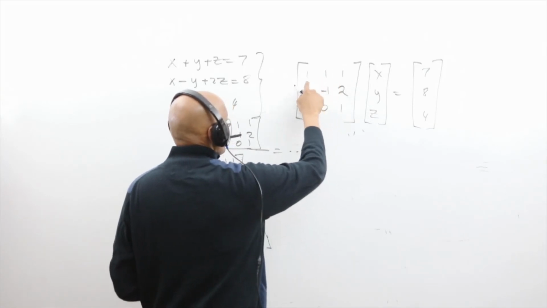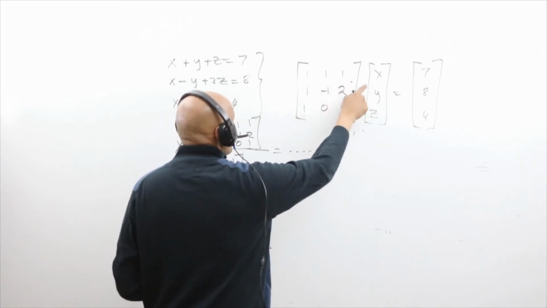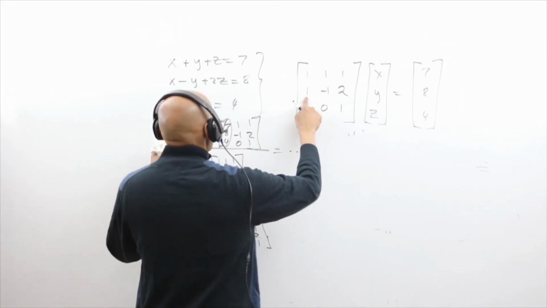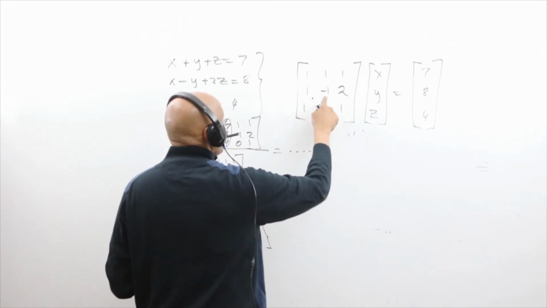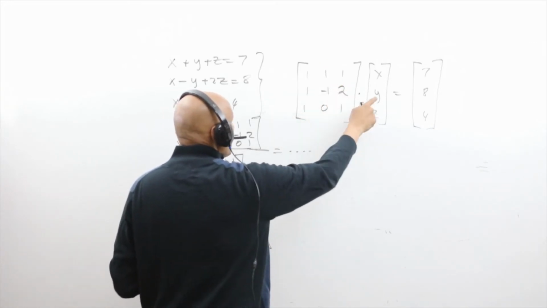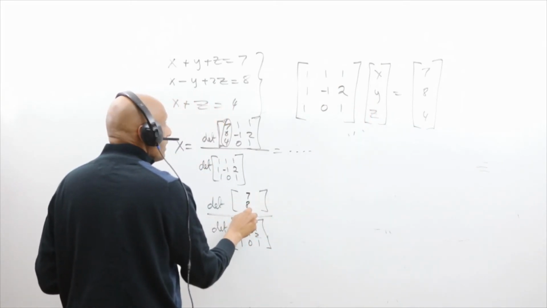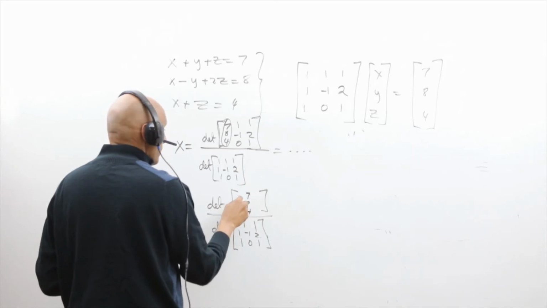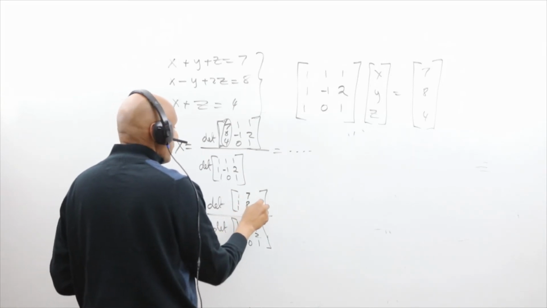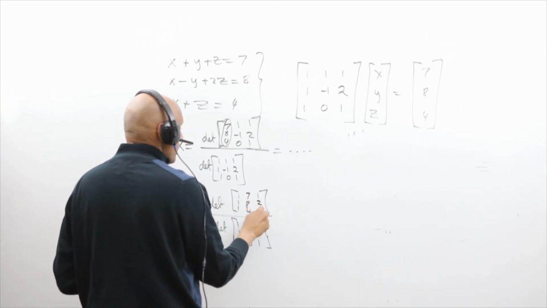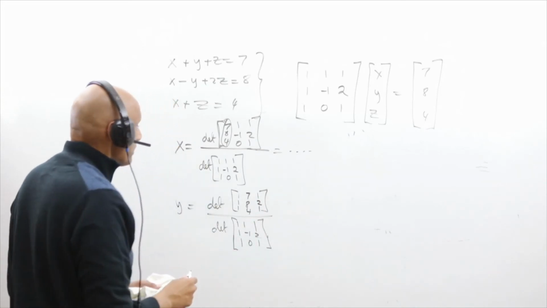If you look at it, this is 1x plus 1y plus 1z, and then the next equation is 1x minus y plus 2z. So the second column is associated with y. So we're going to replace that with 7, 8, and 4, followed by 1, 1, and 1, and then 1, 2, and 1. So this is the determinant you're going to calculate.